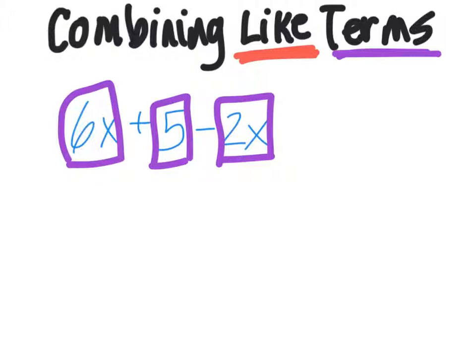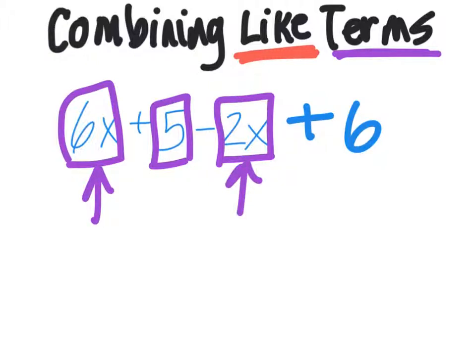So if we had, say, let's put in another number here. Let's say plus 6. Okay, so that's another term. The 6 is another term. But like terms, so now I've got the 6x and the 2x.